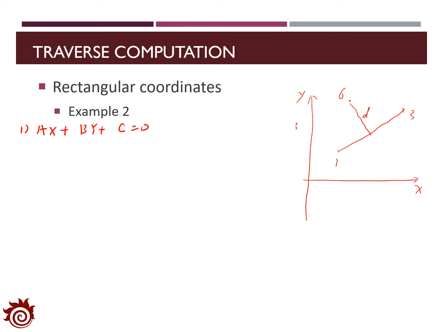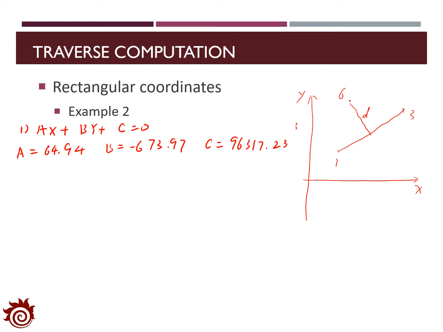With the coordinates of 1 and 3, we can find the value of a as 64.94, b equal to minus 673.97, and c equal to 96,317.23.